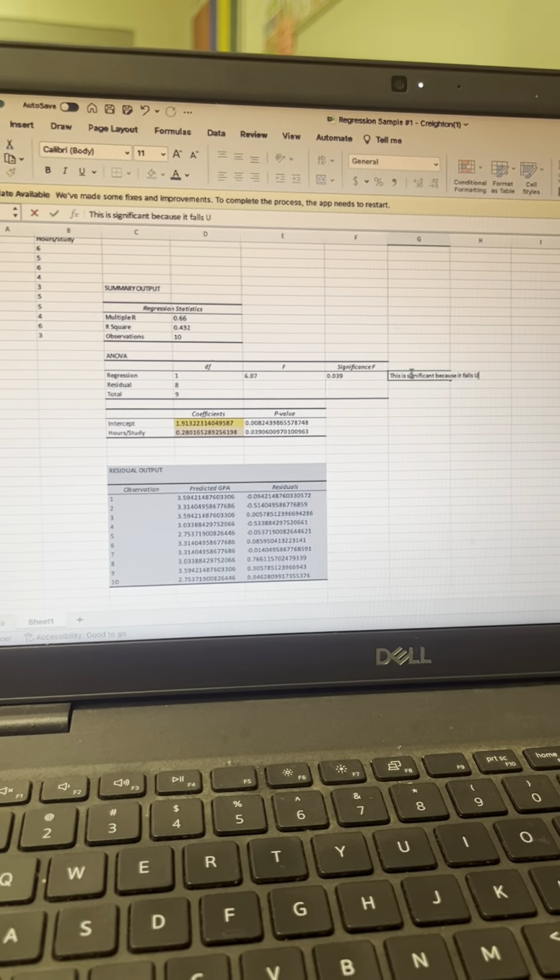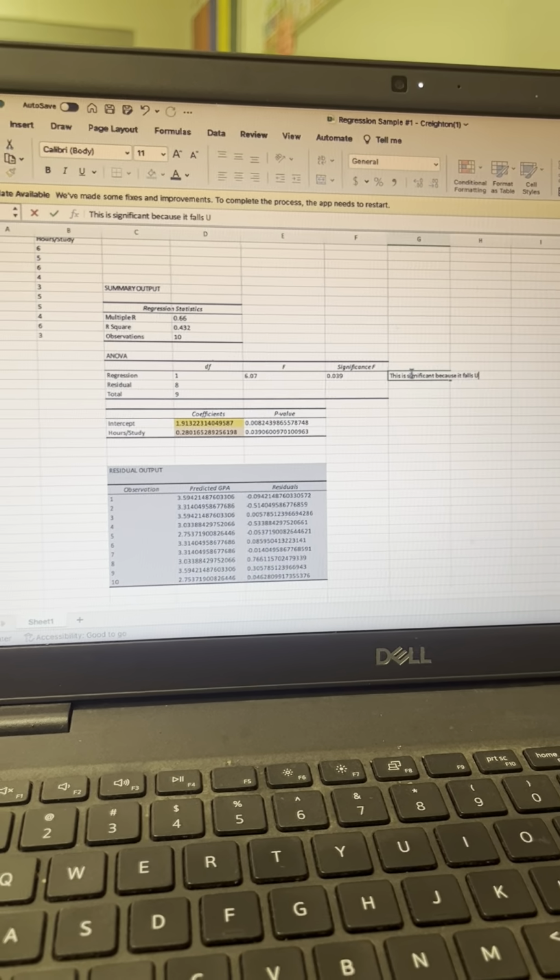What is this multiple R 0.66? I'm not sure. Do you know? R is multiple, comparing multiple variables, right?